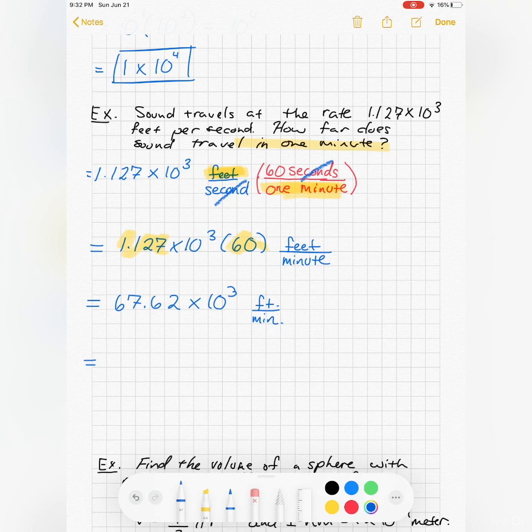So let's see. I need to move the decimal one place left, right? So I have 6.762 times 10 to the 1, and then still times 10 cubed, right? So 6.762 times 10 to the 4th feet in 1 minute.